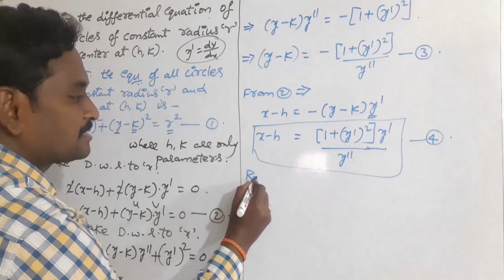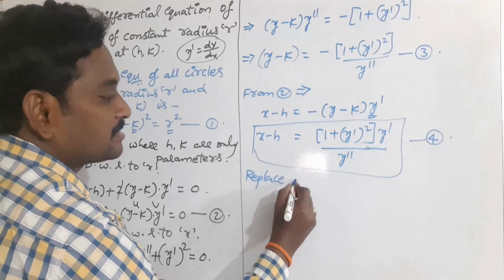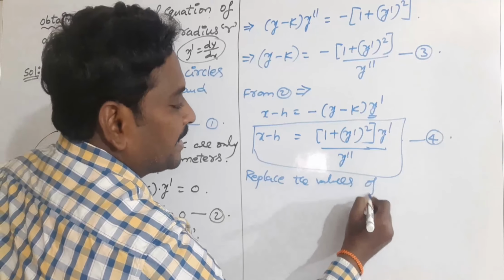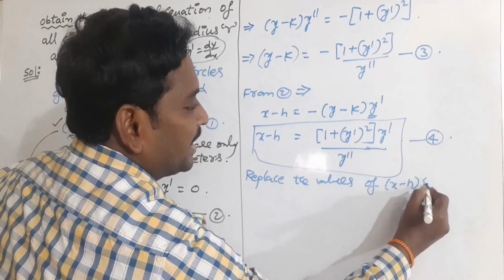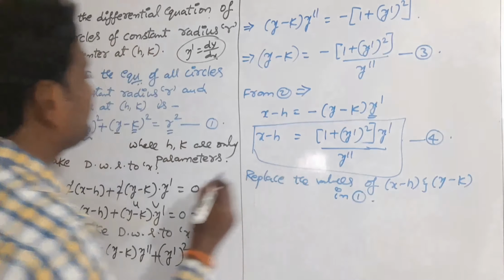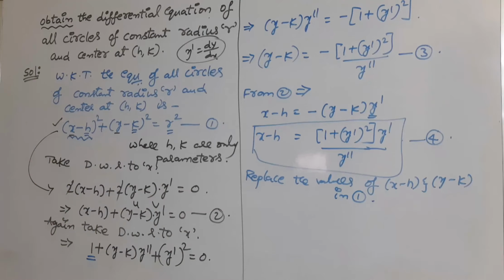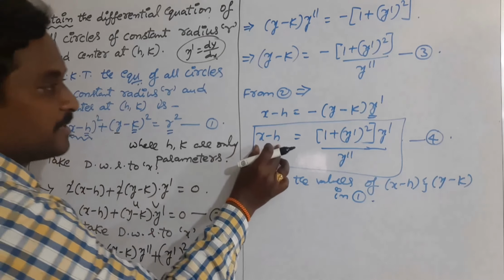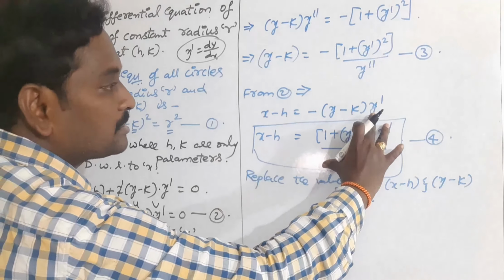So replace the values of x minus h and y minus k in the given family of circles. Automatically h and k will be eliminated from the given equation. So (x minus h) whole square: already x minus h is this one, so take the whole square of this term.